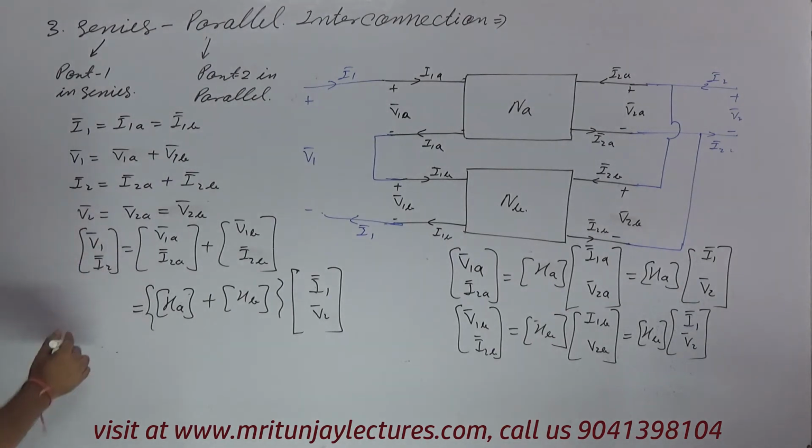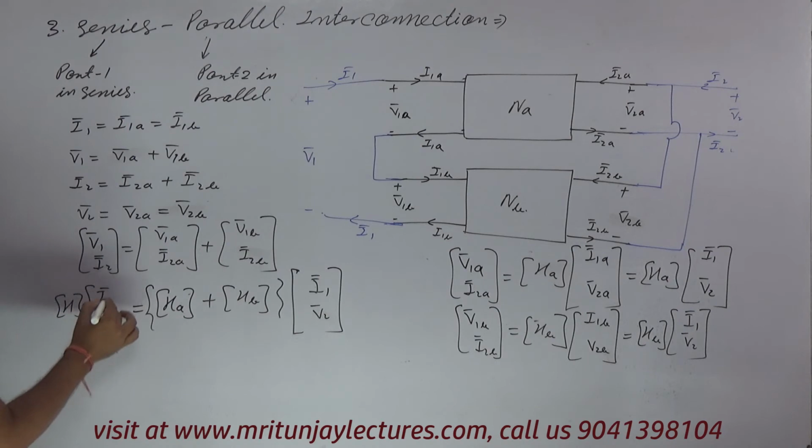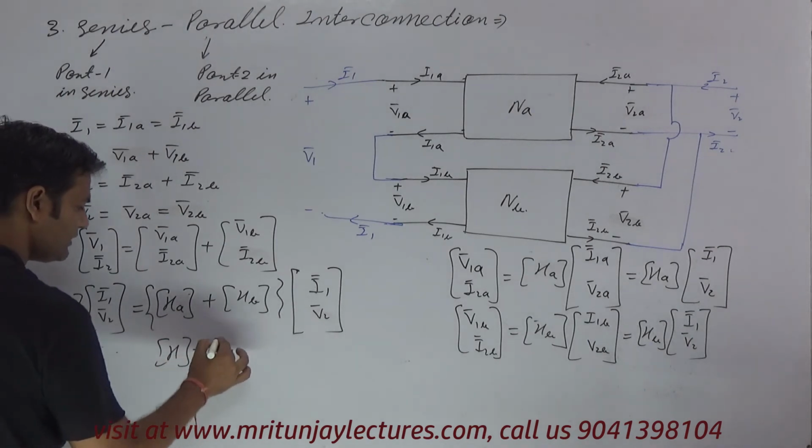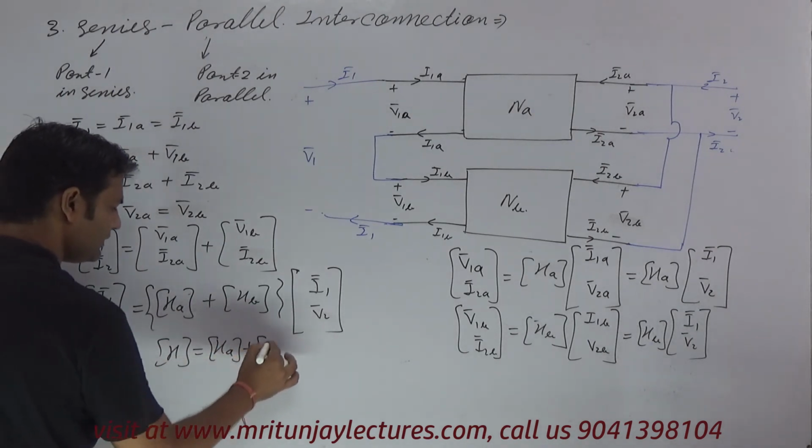Okay, this one is also written as H, I1, V2. So overall H is written as HA plus HB.